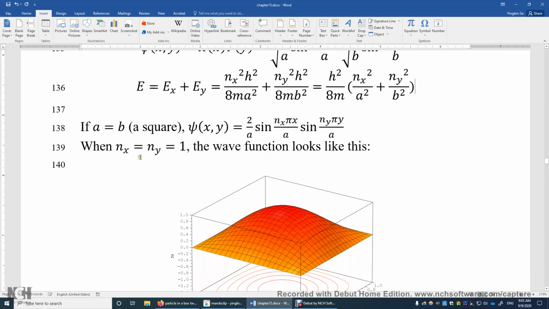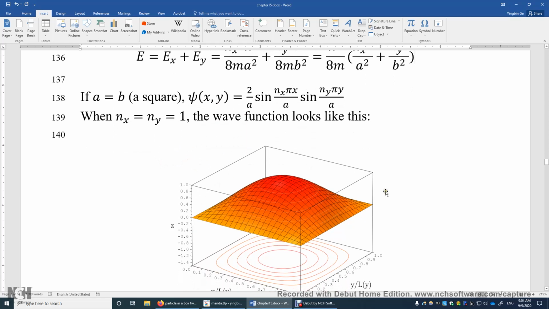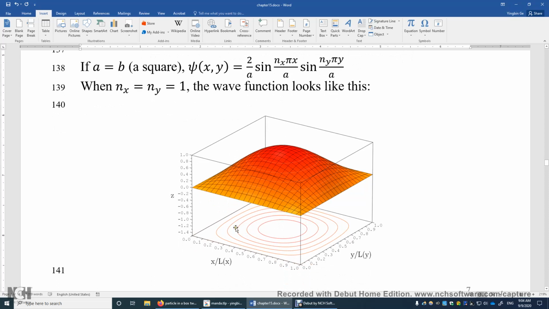In case they are the same, if n_x equals n_y equals 1, this is the ground state. That means the lowest energy state of the particle. The wave function looks like this. There's no node inside this square. The wave function reaches maximum when x is 1/2 of a and y is 1/2 of a, right here. This is just the two-dimensional projection of this three-dimensional picture.